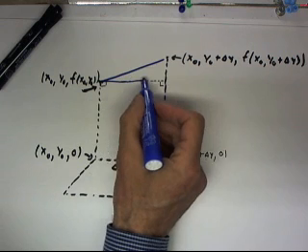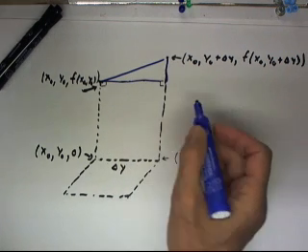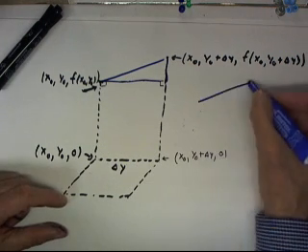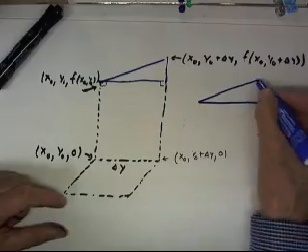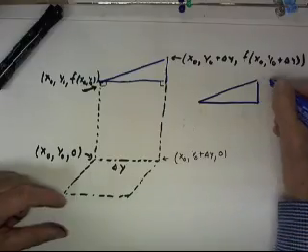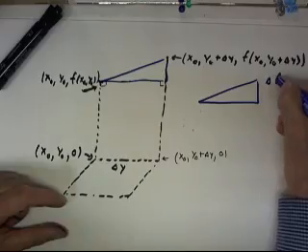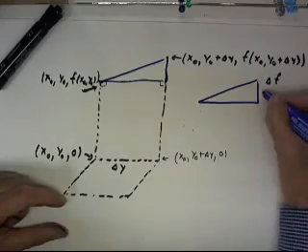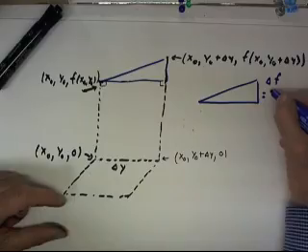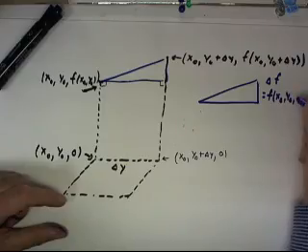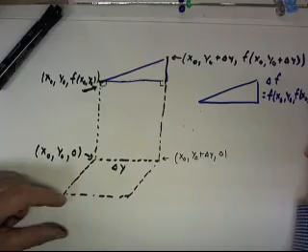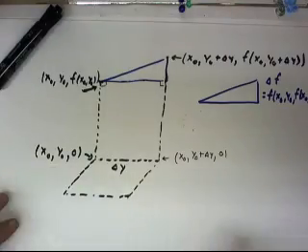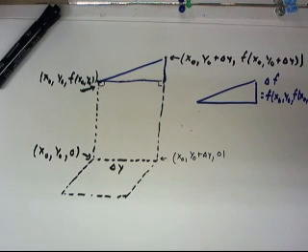This gives us a triangle, and if we draw that triangle off to the side and think about its dimensions, this dimension of the triangle is going to be what we call delta f, which equals f of x0, y0, f of x0, y0, and that's not right, and I'm a little distracted because I didn't leave myself enough room here.